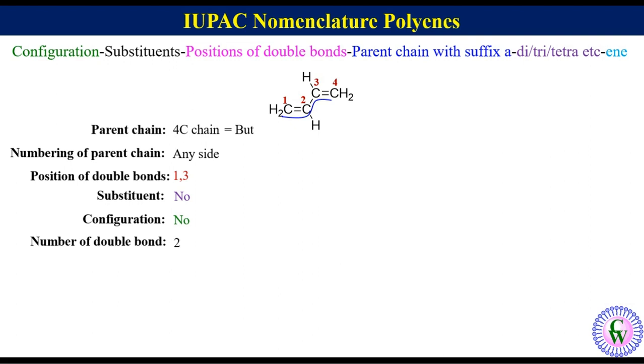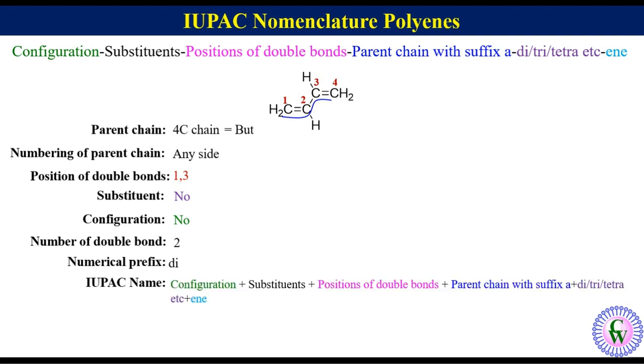So numerical prefix will be di. So the IUPAC name will be configuration, substituent, position of double bond, parent chain with suffix a plus di, tri, tetra, etc. plus ene. So it will be 1,3-butadiene.